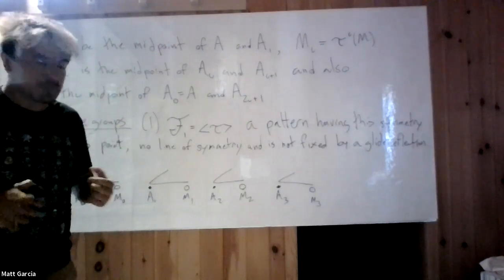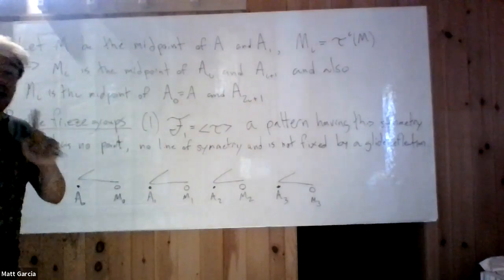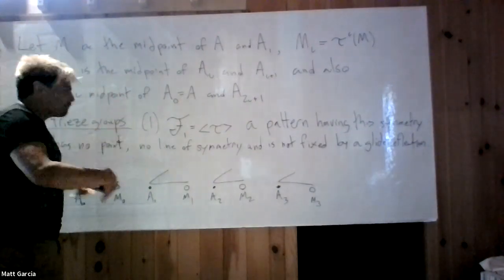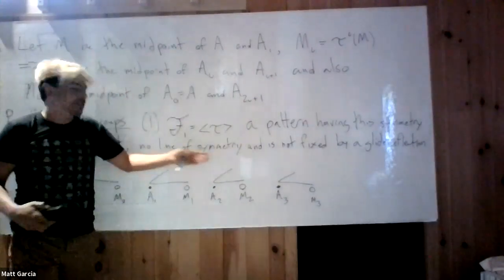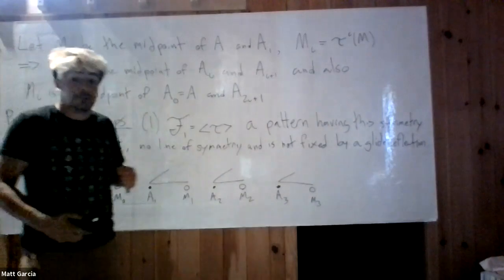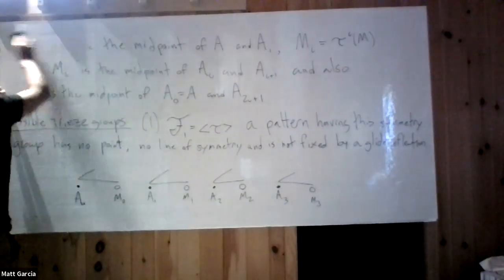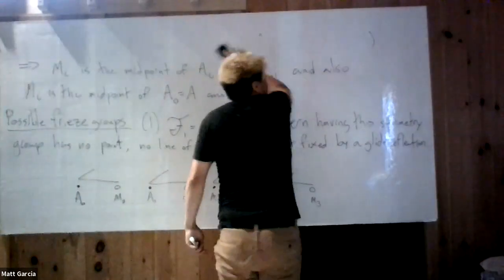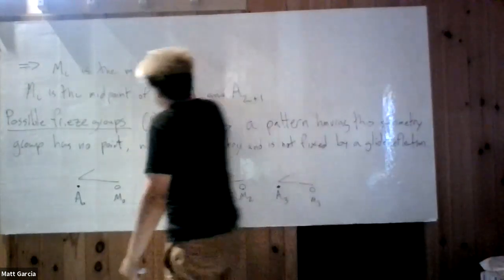When I say rotations, it'll turn out that we're restricting ourselves to half turns, but we're going to add in more types of possibilities for isometries that can be contained in our Friese groups. Obviously this one is not that complicated to puzzle out, but the others will take a little bit more work.